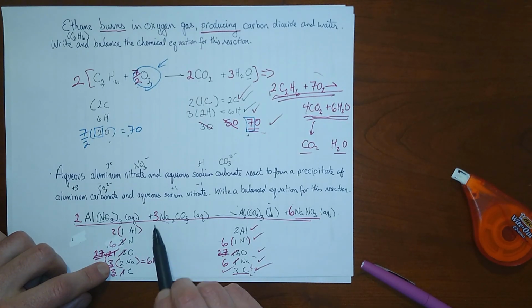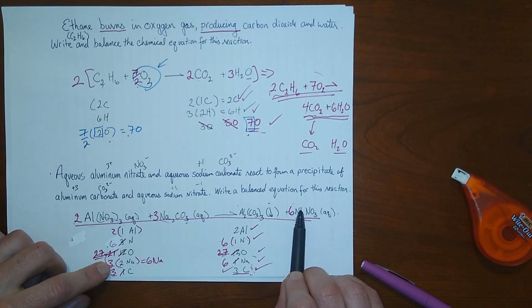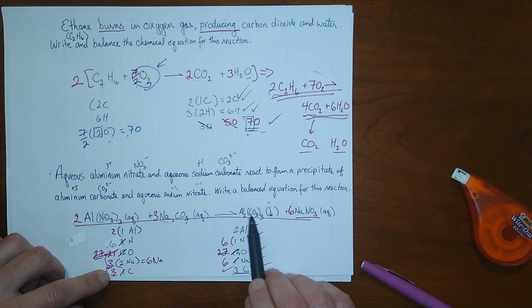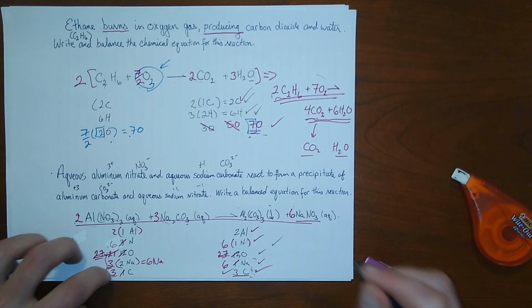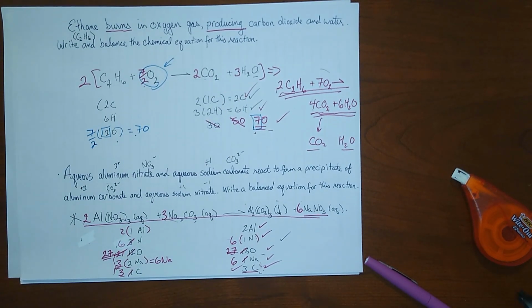I have 3 times 2, 6 sodium here, 6 sodium here, so those are balanced, and then 3 carbon and 3 carbon from this 3 carbonate complex. So everything's balanced. I've done it correctly. This is the balanced form of the chemical equation.